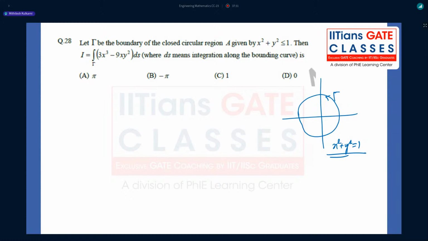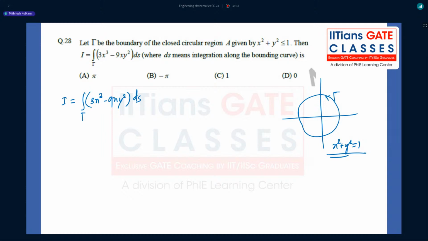Then we have to calculate the integration over this closed curve of 3x cube minus 9x y square ds, where ds means the integration along the bounding curve. So we know that this is a circular curve, and we can convert this line integral basically into the polar form.